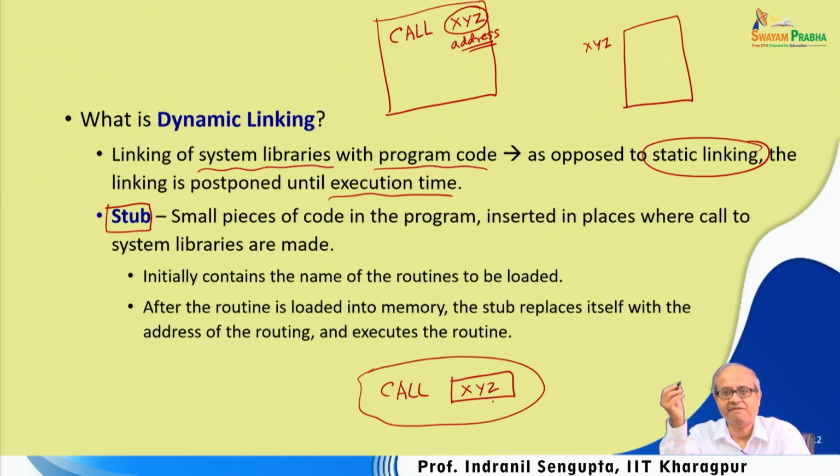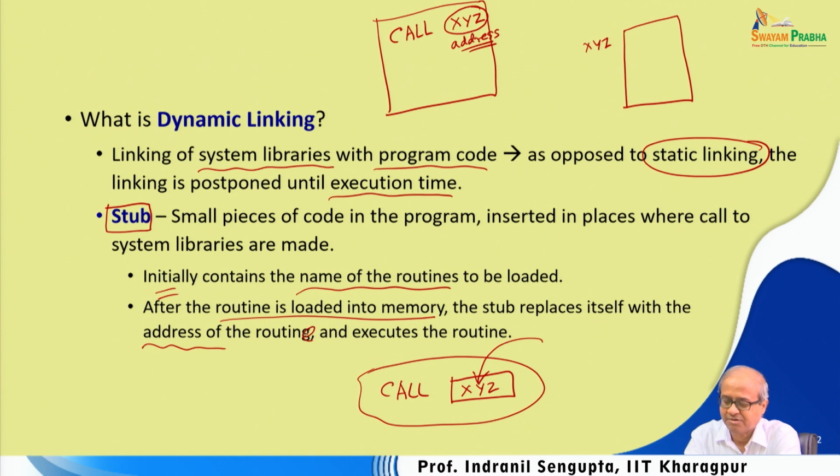This XYZ function module will be loaded into memory and the memory address will get replaced here. I am not going into detail. Basically, the stub initially contains the name of the routine to be loaded, but after the routine is loaded into memory during execution, the stub will replace itself with the address of the routine and execute it.